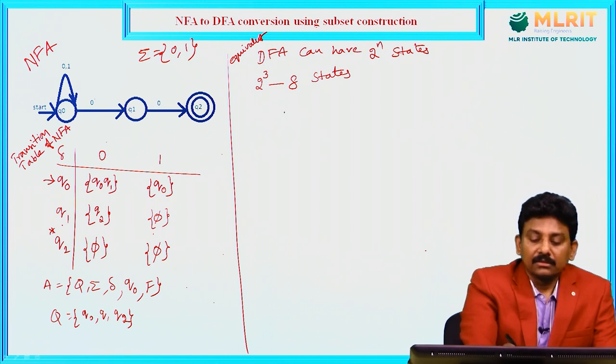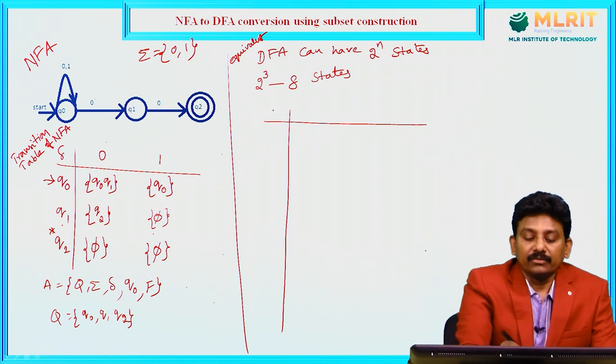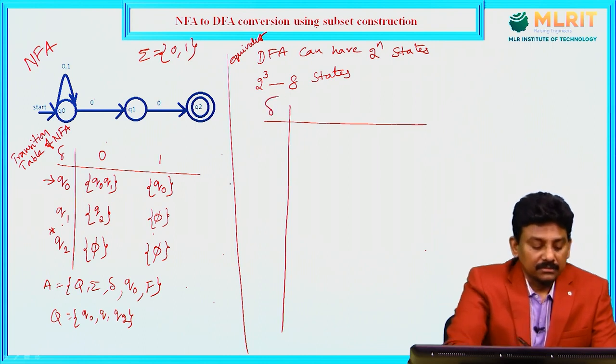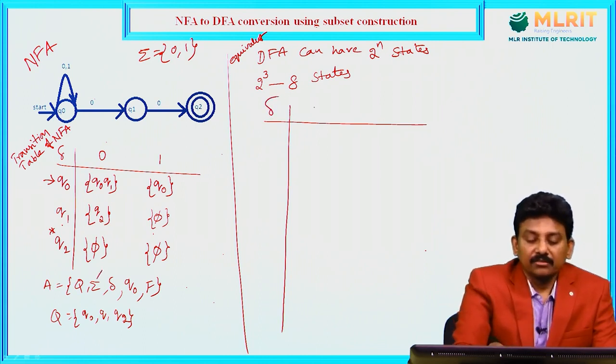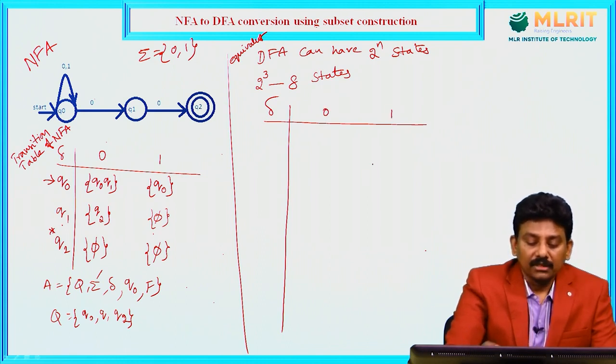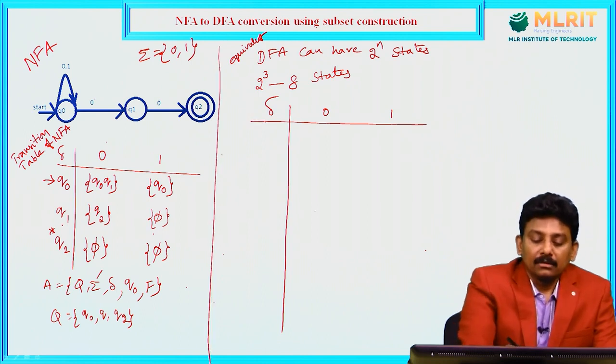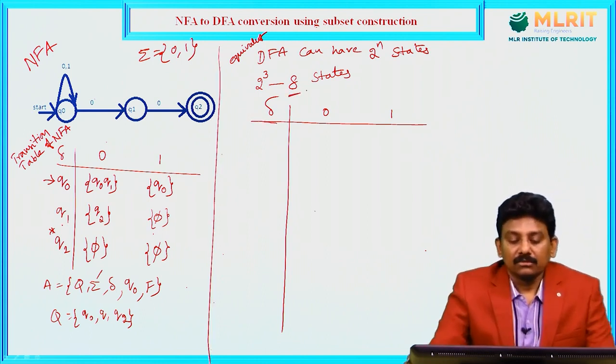Then the transition table for the DFA. The input alphabet sigma is the same for the DFA also, 0, 1. There are 8 states, 2 power 3.